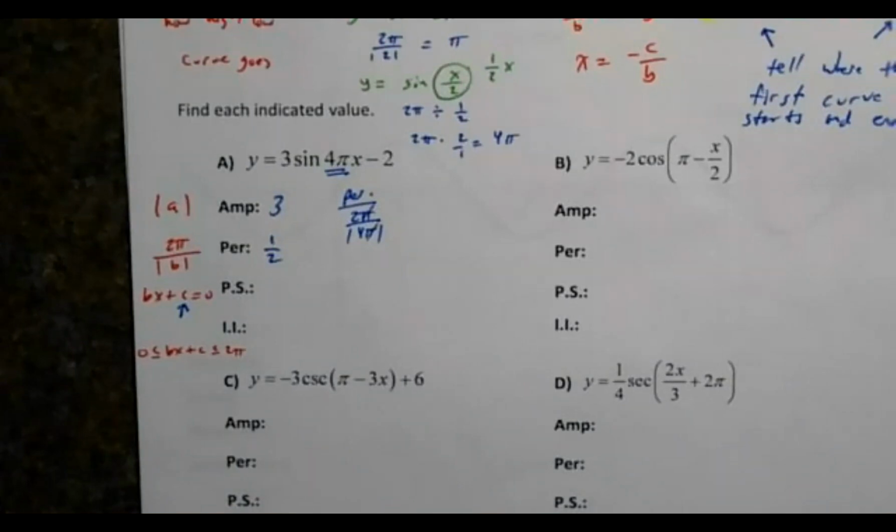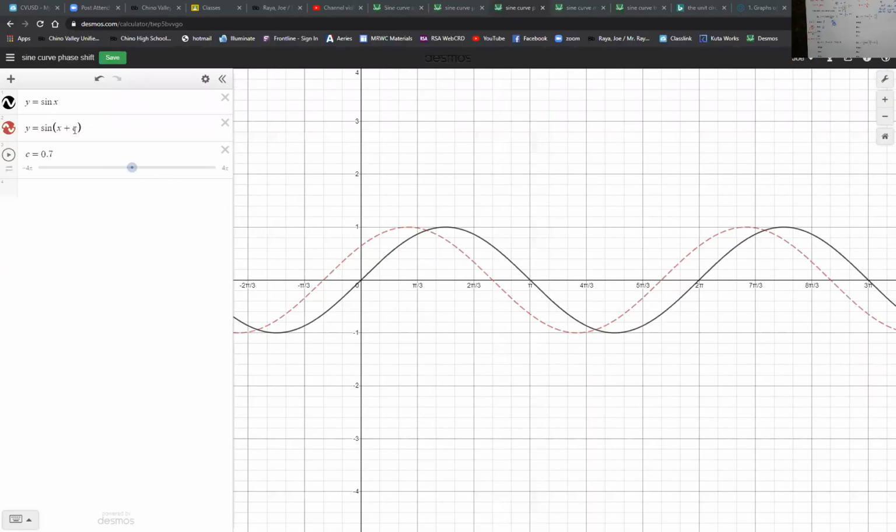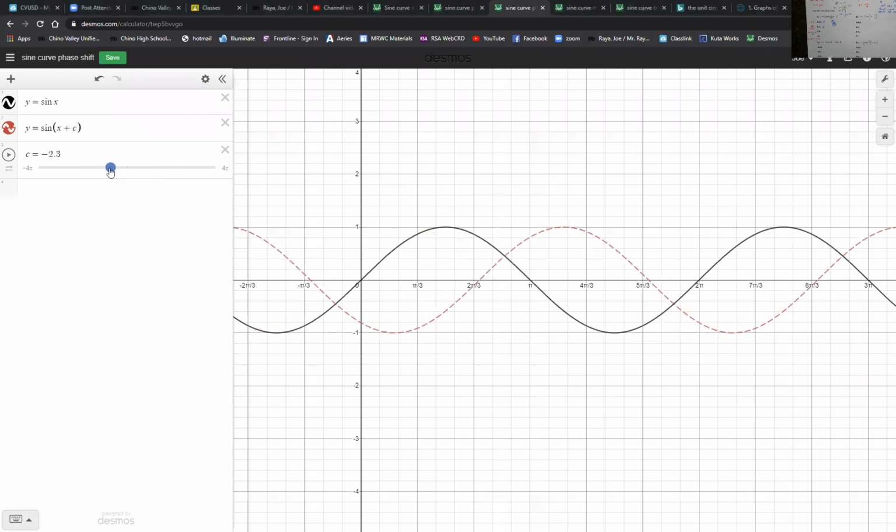As I was playing with the C term, you saw it started someplace else. So that whole curve moved. As I played with that value, that whole curve shifted on the x-axis, left or right.